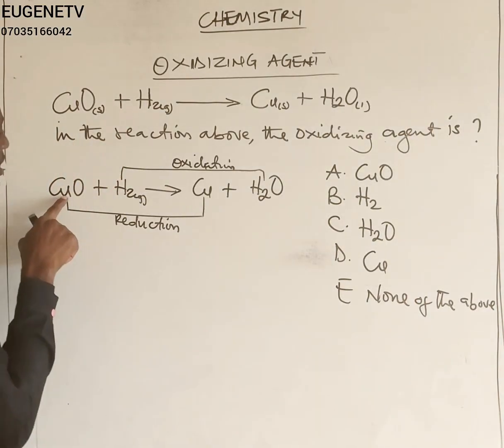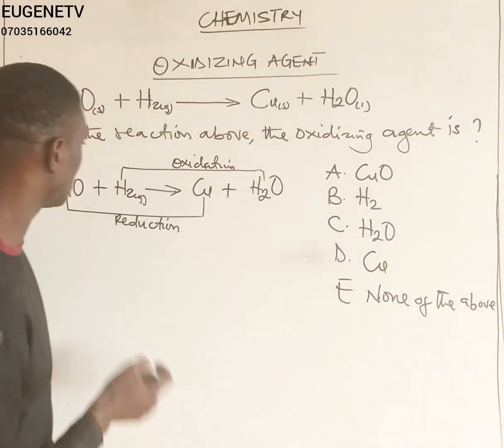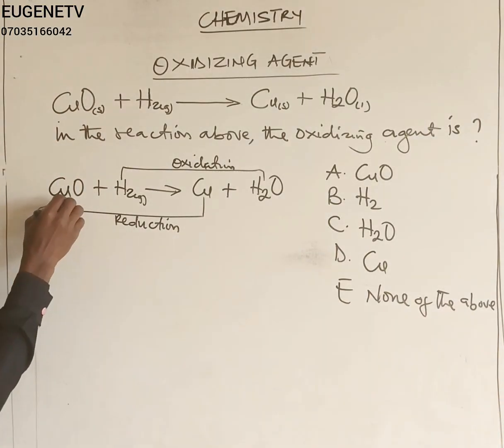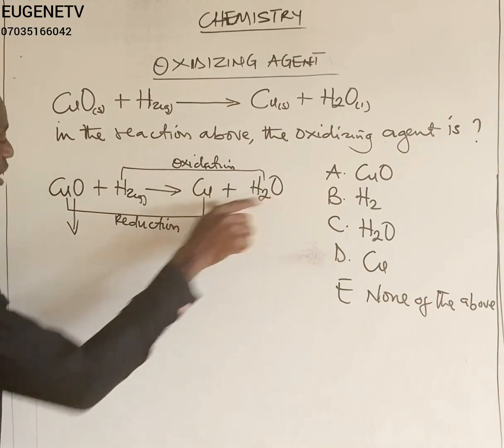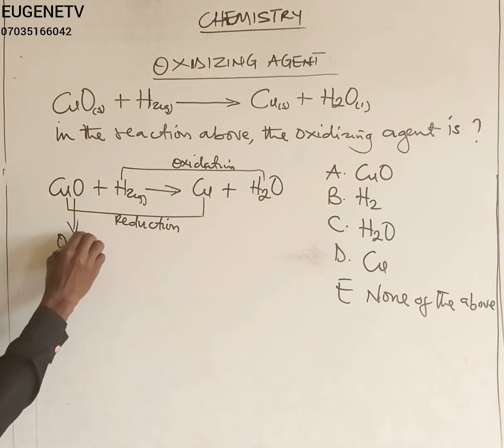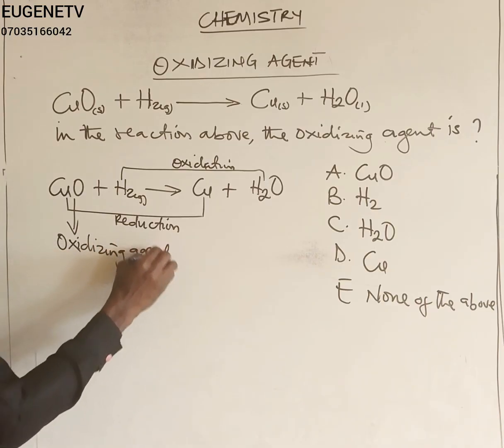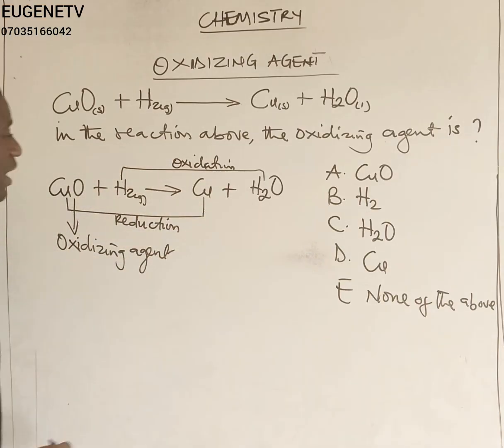But the question is that we should identify the oxidizing agent here. So any chemical substance that can donate oxygen to another substance is known as oxidizing agent. So from our equation here, it is copper 2 oxide here that donated oxygen to hydrogen in order to form water. So copper 2 oxide here is our oxidizing agent, because it is the one that brings about the oxidation. Alright?